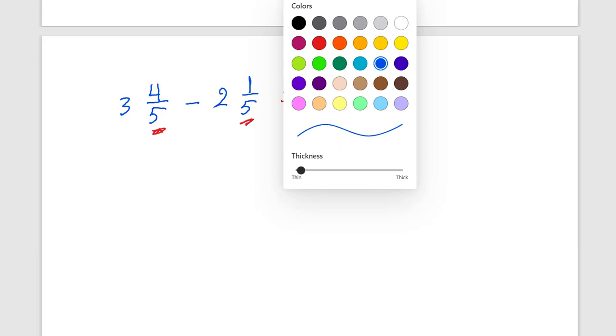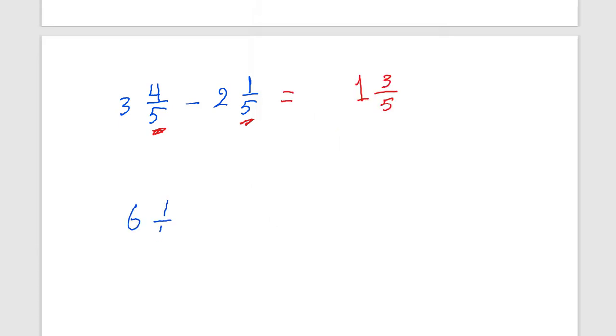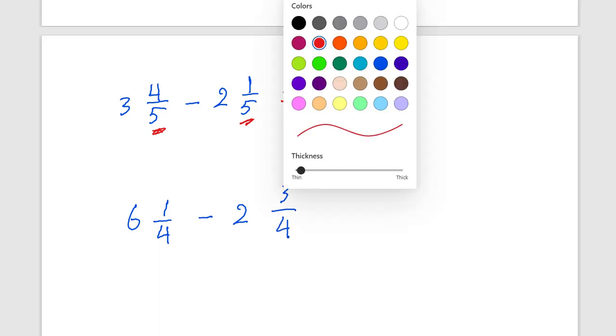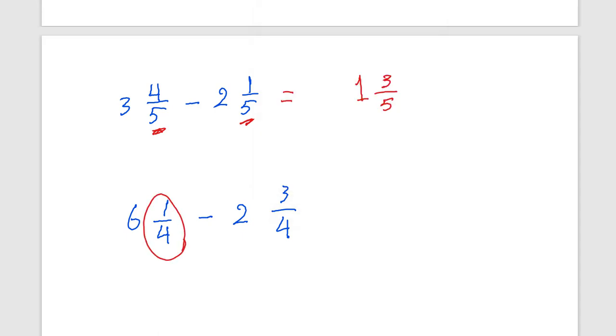So let's see another one. 6 and 1/4 minus 2 and 3/4. Okay, let's try to do this. And here we cannot subtract 1/4 minus 3/4, so we need to rename.